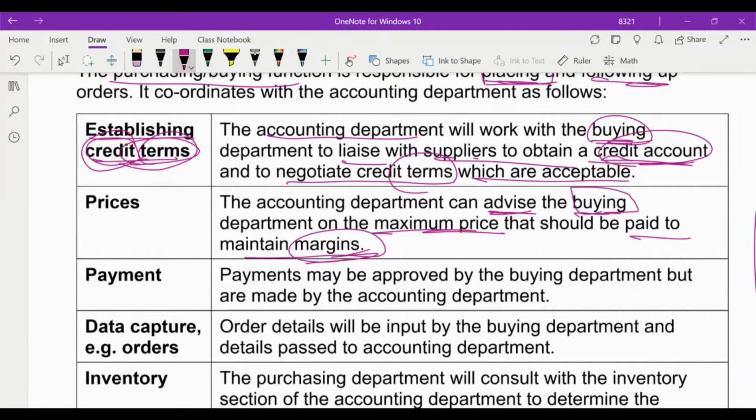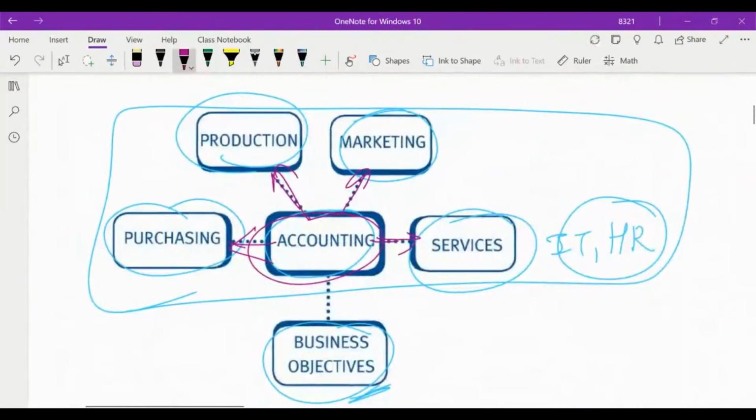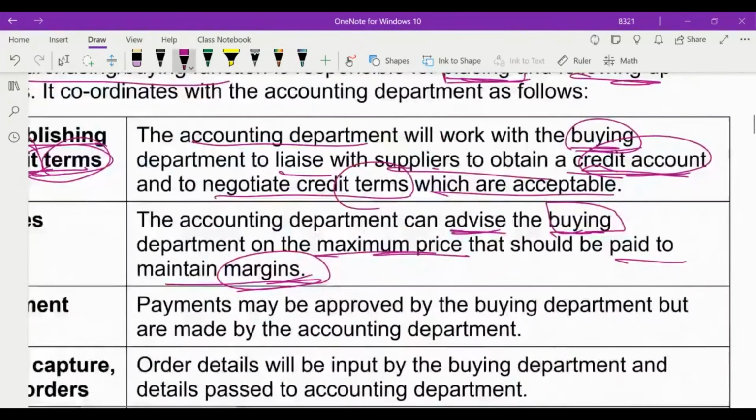But the accounting department is just helping the procurement department so that the overall profitability, overall objectives of the business are taken care of. So now if we look at this again, this purchase or procurement department is liaising with the accounting department. Why? So that the business objectives can be taken care of in the best manner. All right.